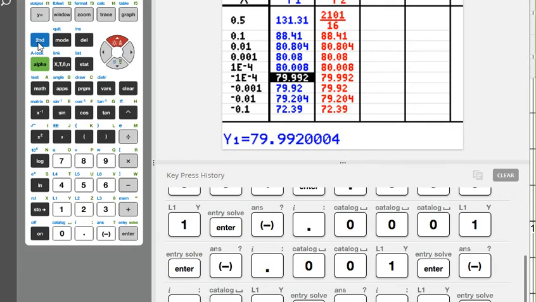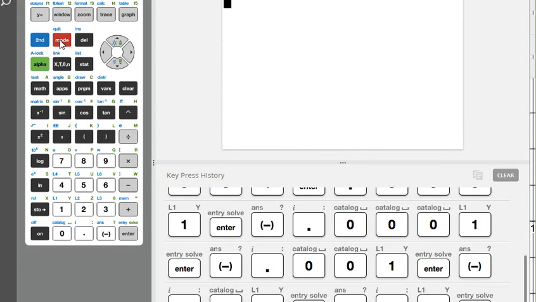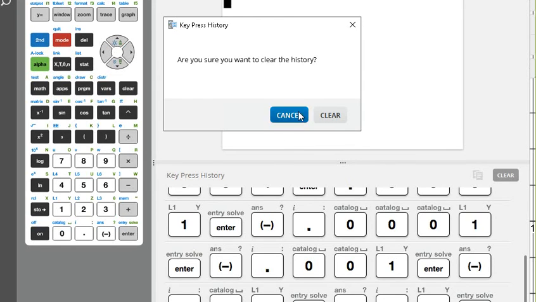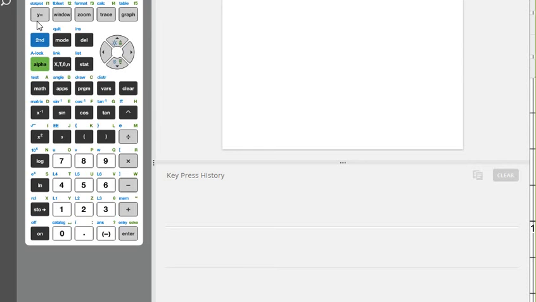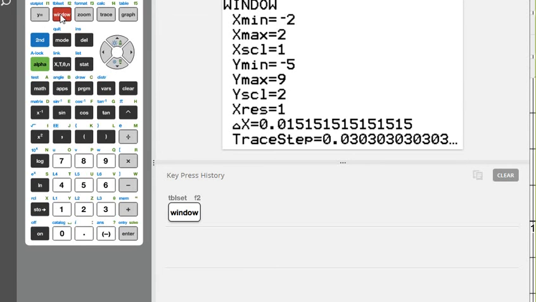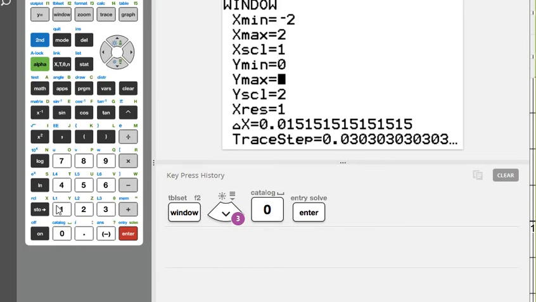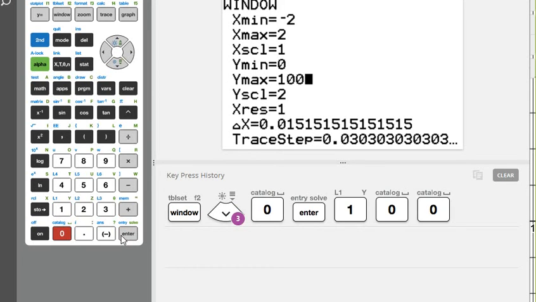So let me exit out of here. I'll hit the clear button. And let's see. I got to set up a window to do that. -2 to 2 should be fine. And then on the y-axis, let's go from 0 to 100.